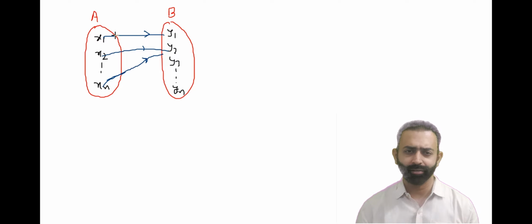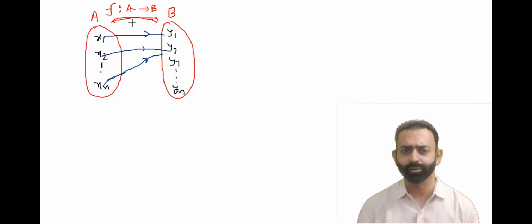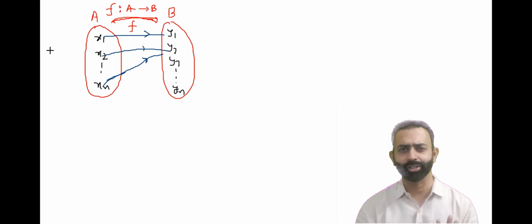Now, once we understand that when input becomes output and output becomes input in a mapping diagram, we can say that this is a forward mapping from A to B. This f is defined from A to B, so this mapping from A to B is for the function f.